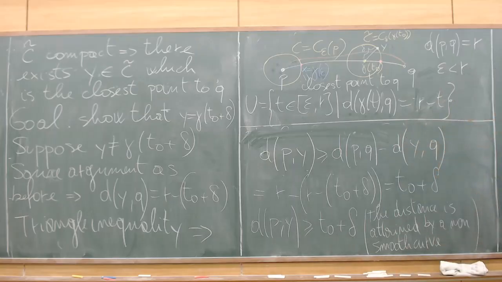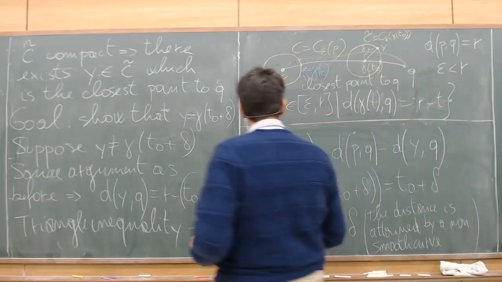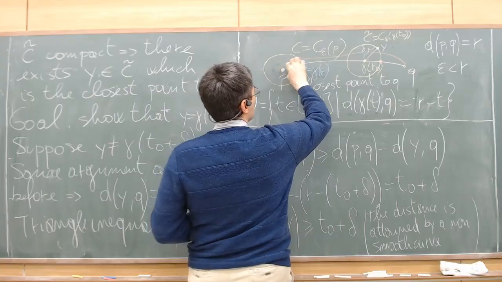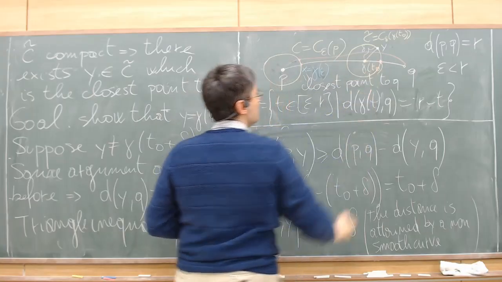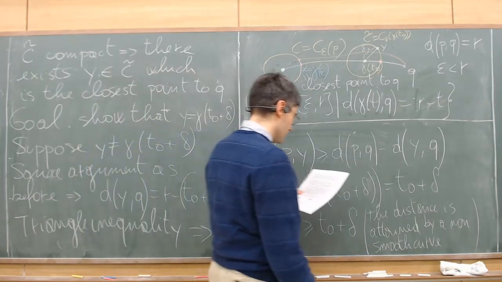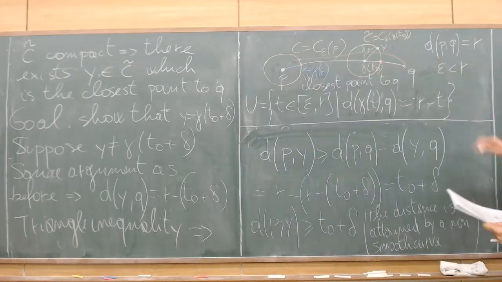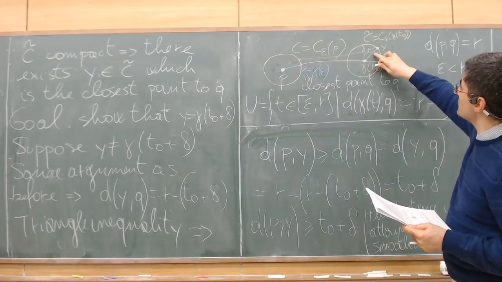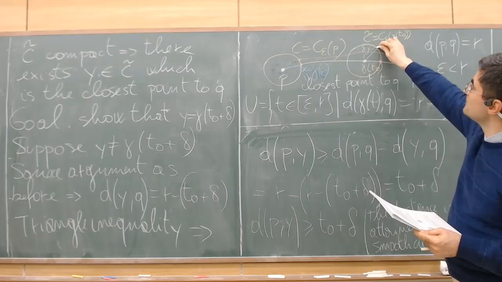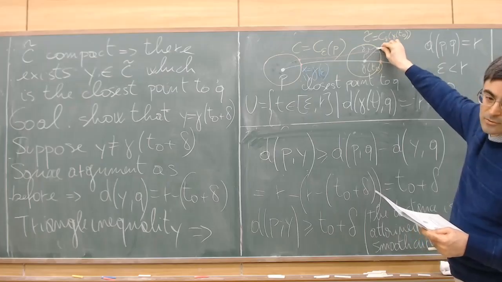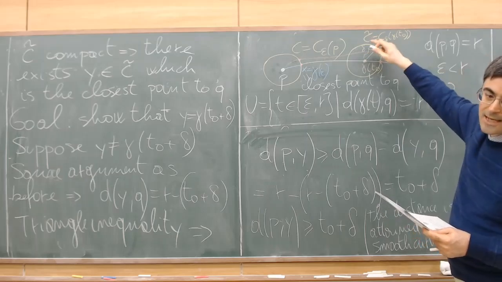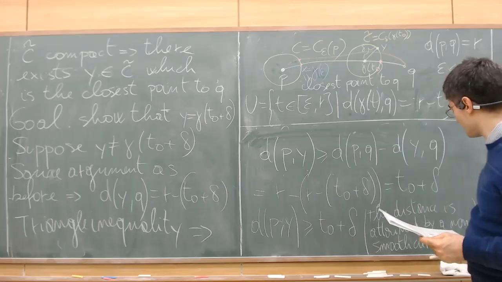Because let's give a look at the piece of geodesic joining P to gamma T0, and the piece of geodesic joining gamma T0 to Y. This second piece of geodesic exists because C delta is contained in a normal neighborhood.